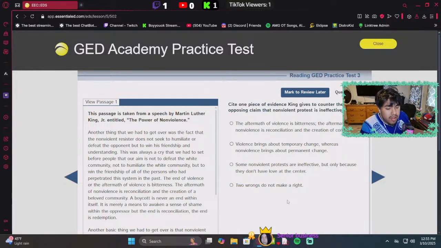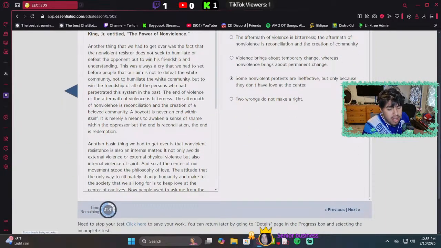I mean, it's pretty hard to argue. Two wrongs do not make a right. I don't know. I feel like it's C. For some odd reason, I feel like it's C.